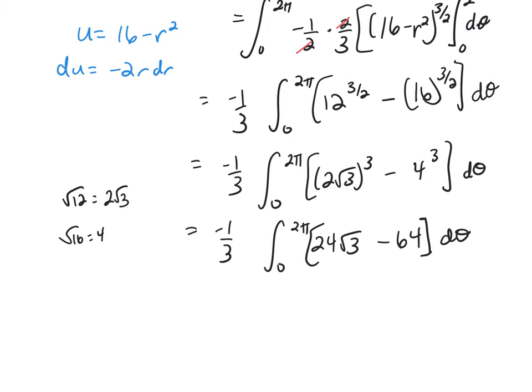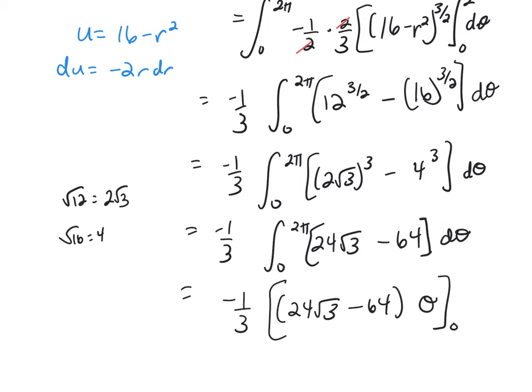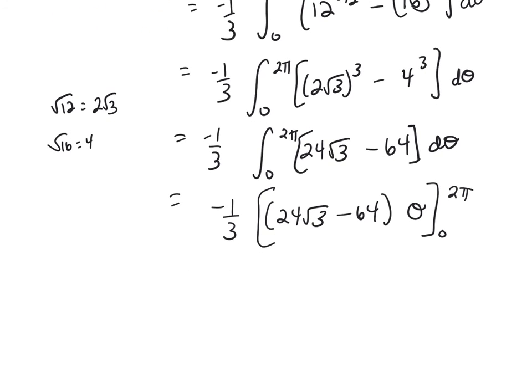Now if you notice there's no theta, which means when I integrate this, this is all constant here. So it'll be 24 square roots of 3 minus 64 times theta. And if I plug in 2 pi, you'll get this times 2 pi.